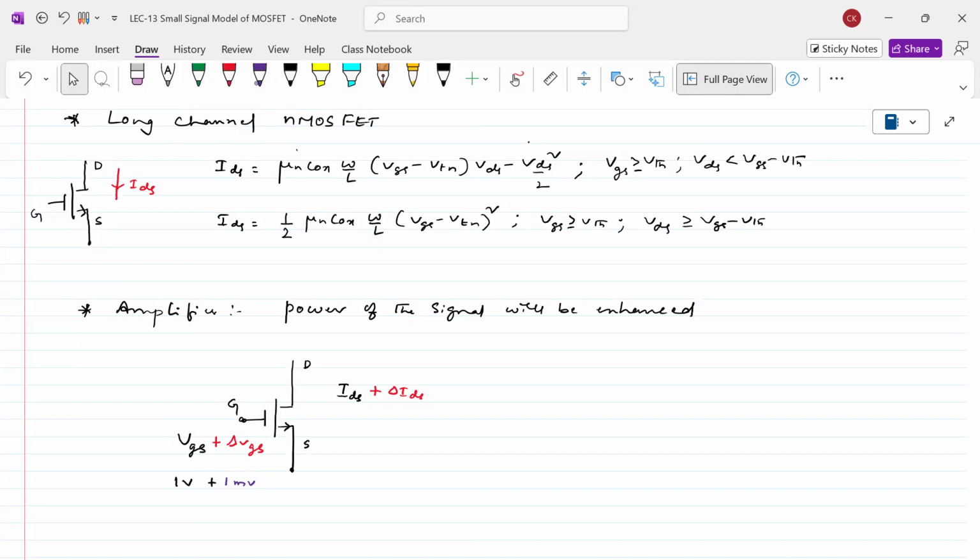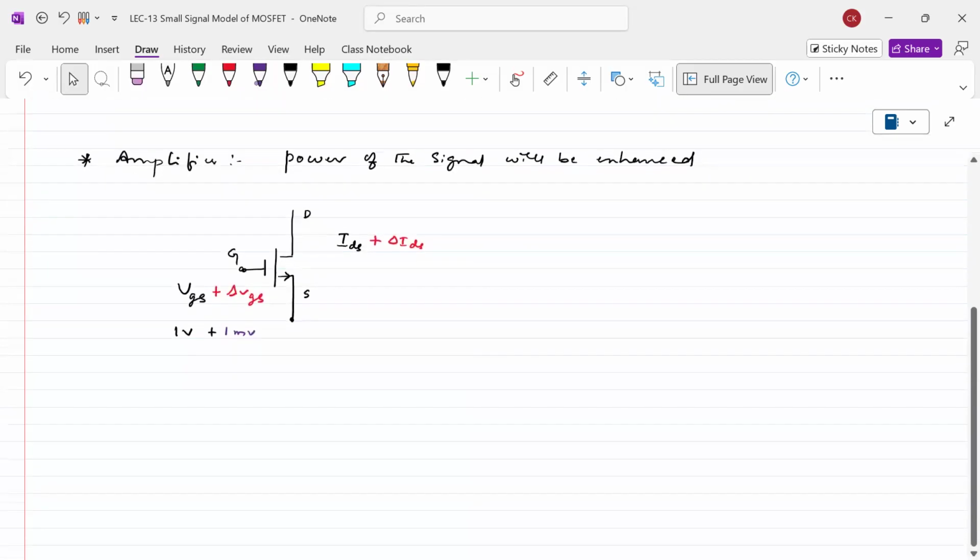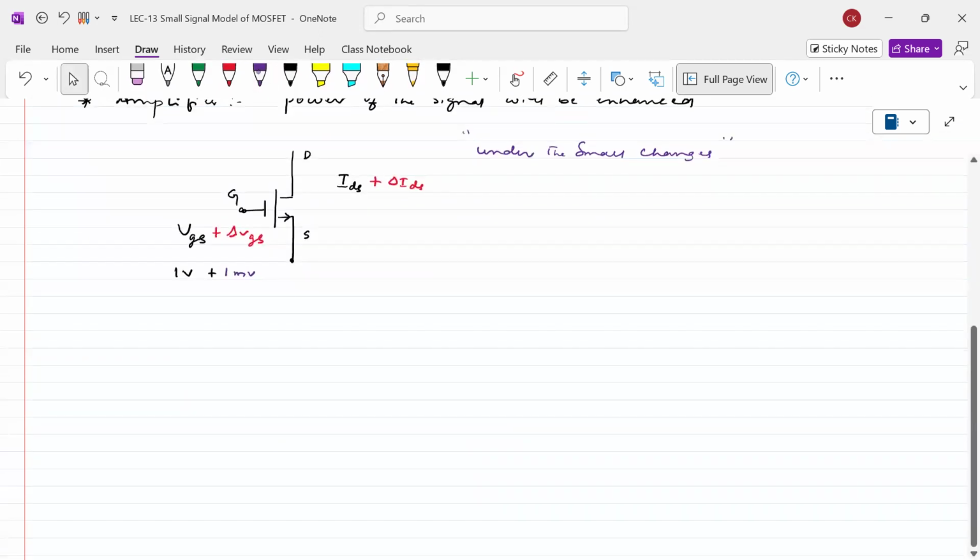Under small changes, the MOSFET behaves as a linear device.